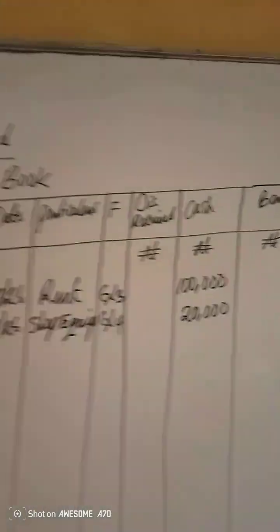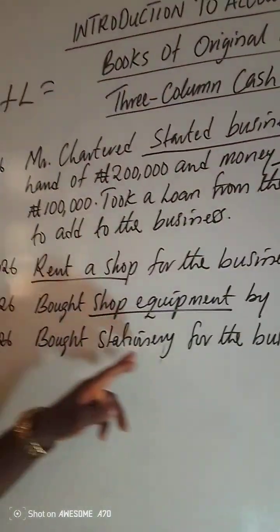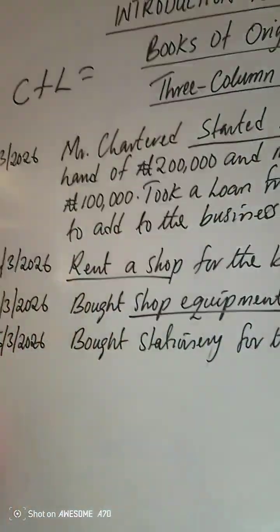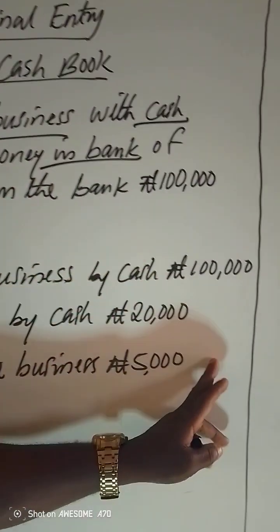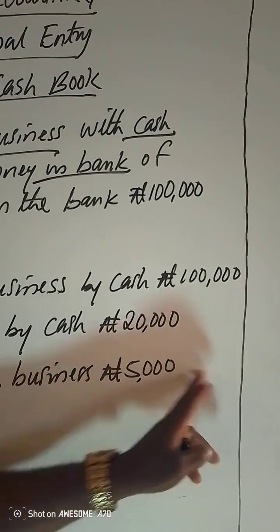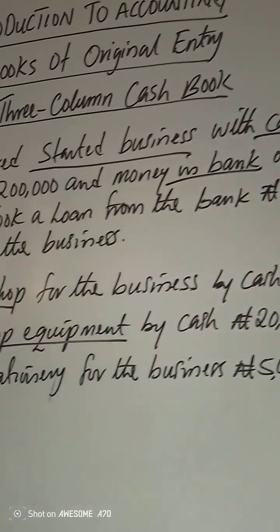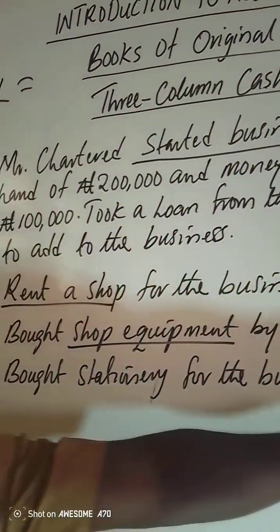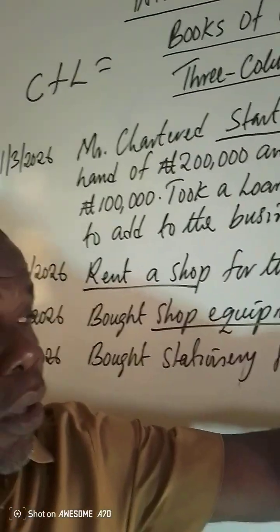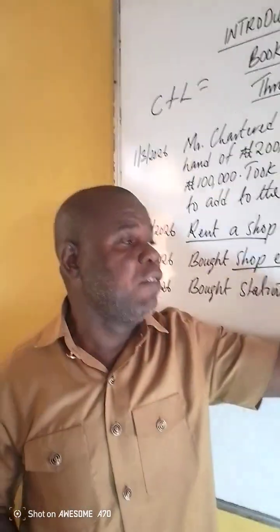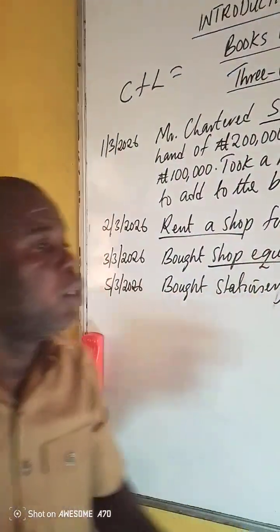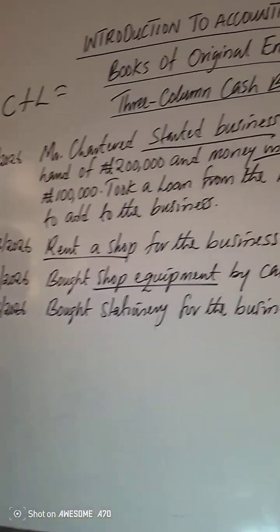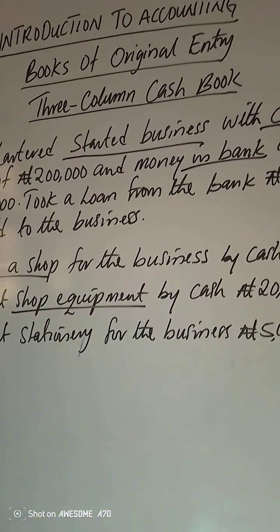And then the amount is still recorded under cash because it was by cash. Then finally, you come here to the fifth. When I say bought stationery for the business 5,000, here too, the emphasis is that cash is not mentioned. So most learners will feel that this might be something else. Whether the cash is mentioned or not, it still means by cash, because it was not purchased on credit. If it's on credit, it will be mentioned. So the fact that it's not mentioned, you take it that it's still by cash. So cash is given out based on the principle of cash book.